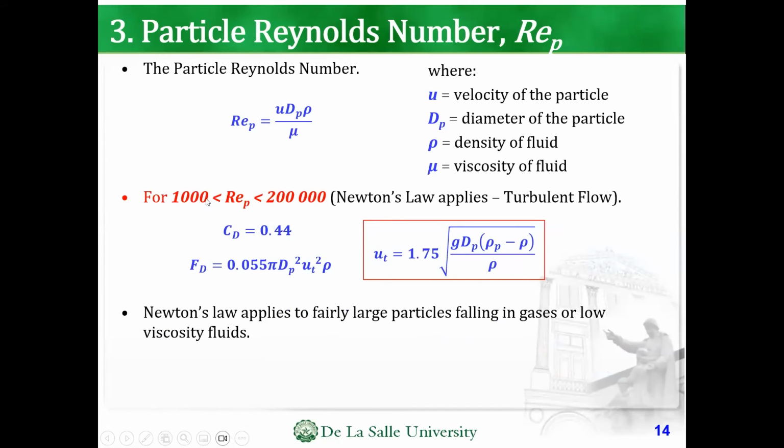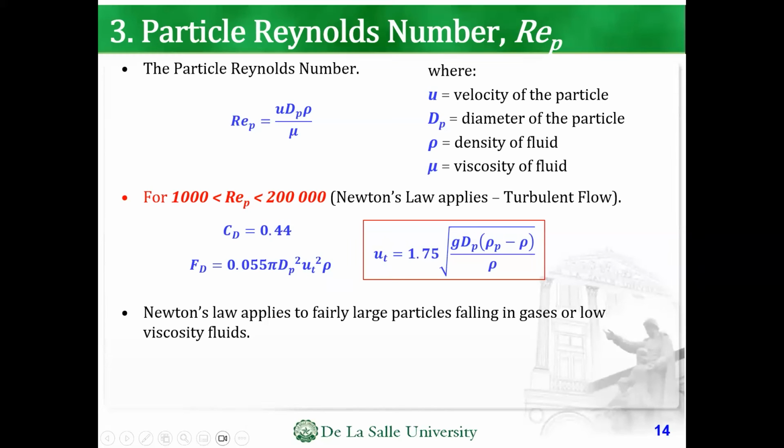The next one, if it's greater than 1,000 but less than 200,000, it's turbulent flow. So for turbulent flow, Newton's law applies. So we can approximate the CD to be 0.44 and then the drag force to be this formula.